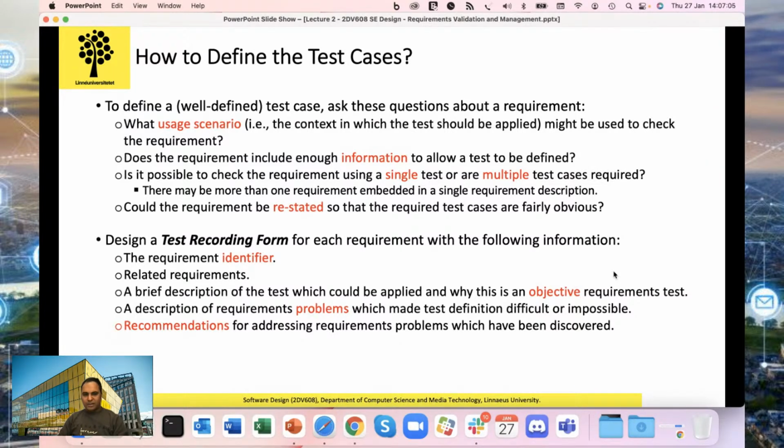They usually have a test recording form where, for each test, they have a requirements identifier, the related requirements for that test. So it's basically a textual representation of your test case. But this is just for your information. You don't need to work on this in this course.